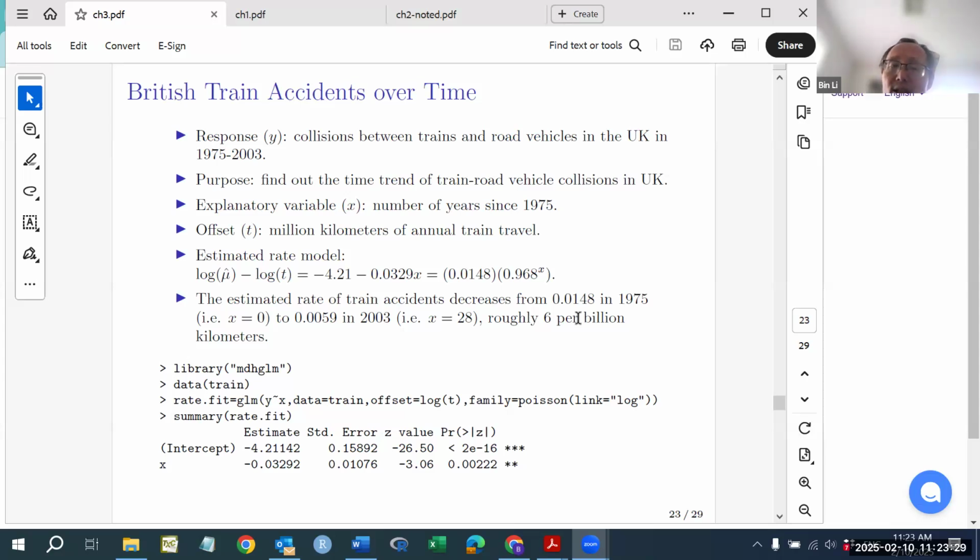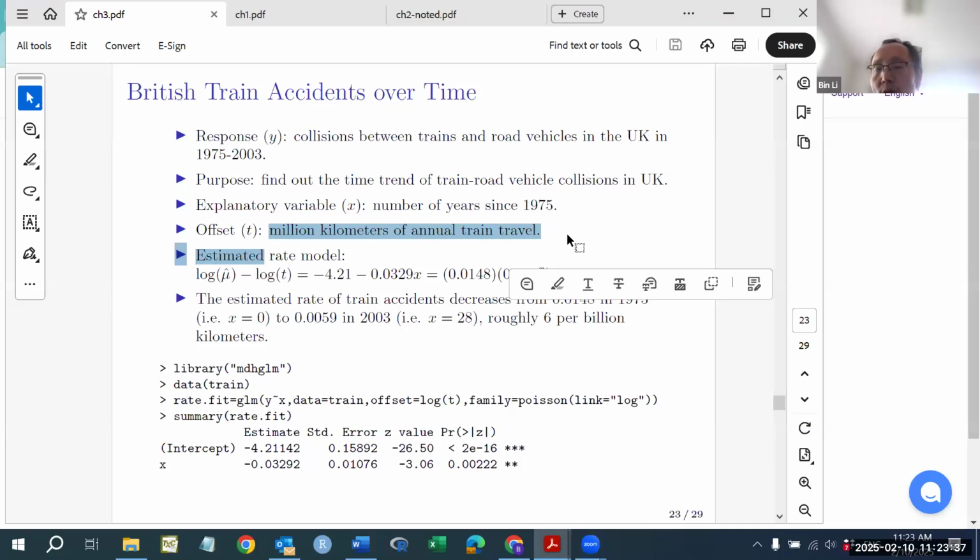So here the offset is the millions of kilometers of annual train travel. Because if the train travels longer, of course, the chance of having a collision between the train and the road vehicle also increases, right? So we need to adjust by using the rate instead. So we can use the rate model.